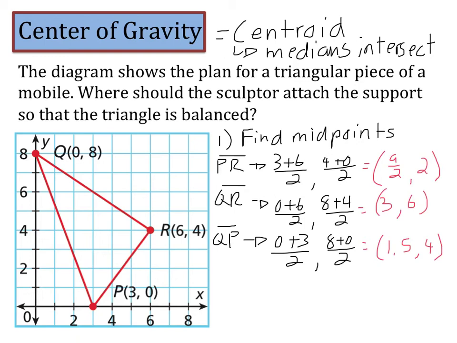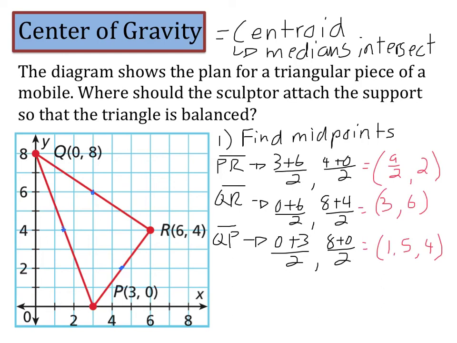Now let's plot these midpoints. So the midpoint of PR was about 4.5, 2. That's about here. The midpoint of QR was 3, 6. And the midpoint of QP was about 1.5, 4. So right about here.